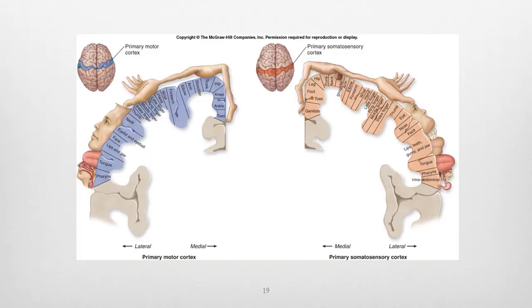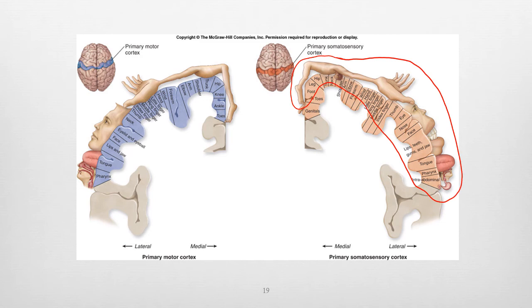When we look at the cerebrum and specifically look at the precentral gyrus and the postcentral gyrus, this is one of the interesting things that comes with the brain, that we have what we call somatotopy. And so this somatotopy is that we have essentially a caricature drawing of the body on the cerebrum.